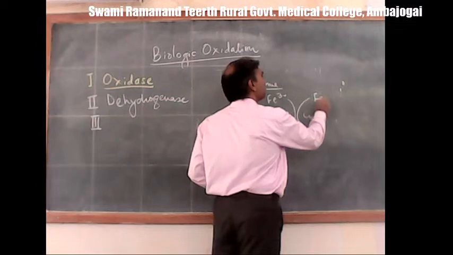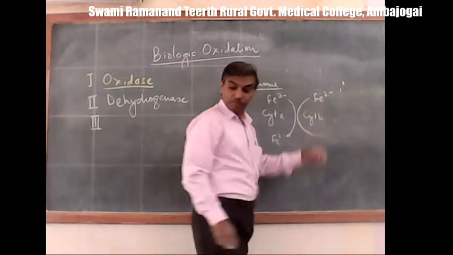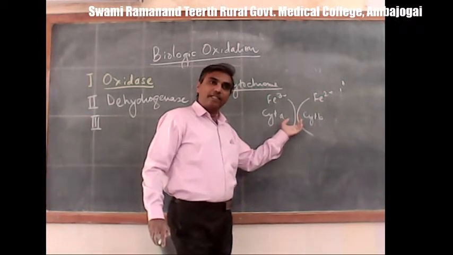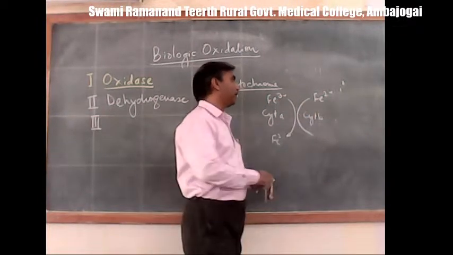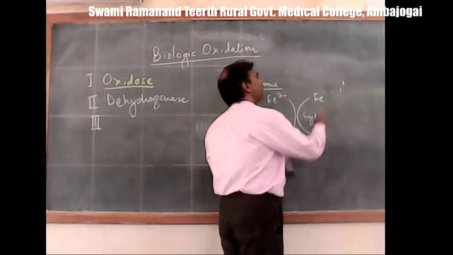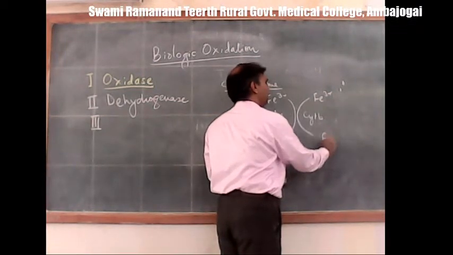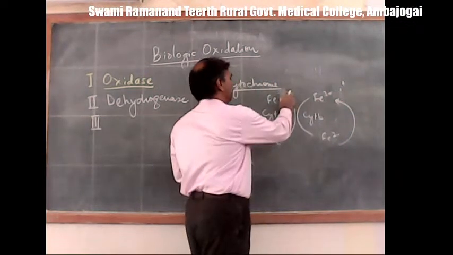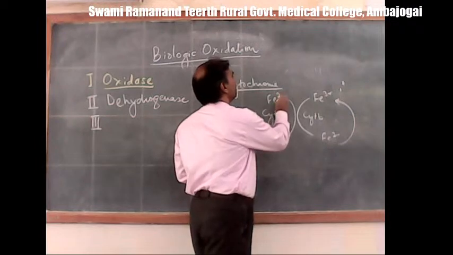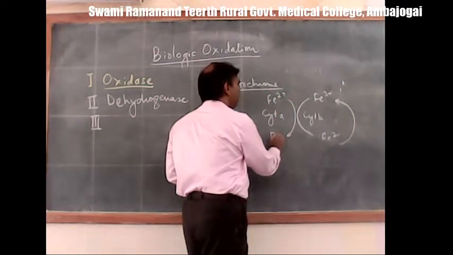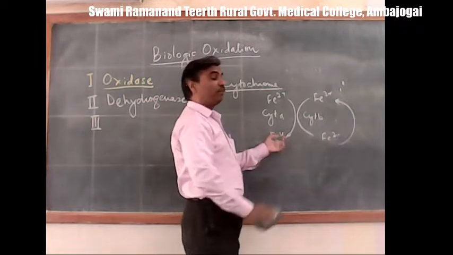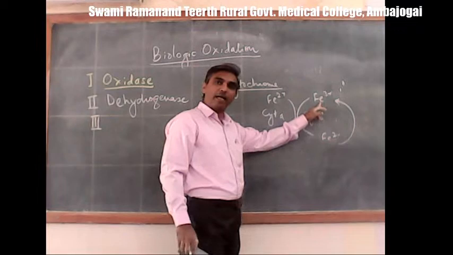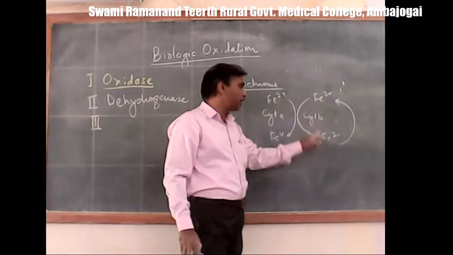Then what happens here? One electron is given, that is accepted by another ferric, that is converted into ferrous. It gives one electron, gets converted to ferric form, and whenever one electron is given, that is accepted by another ferric form, it is converted into ferrous form.